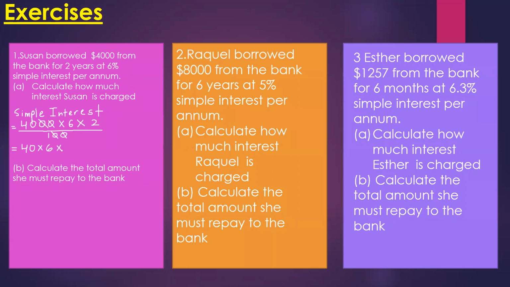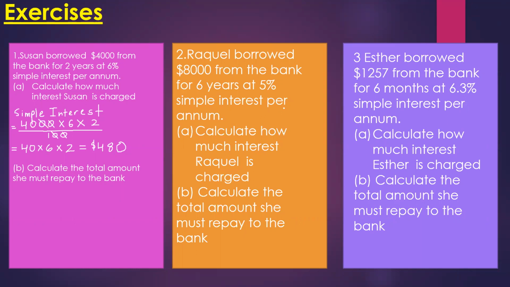What is 40 times 6? 240. Times 2 equals 480. Good. How many persons got $480? Anyone else? Who else got 480? I did. Me. All right, good.